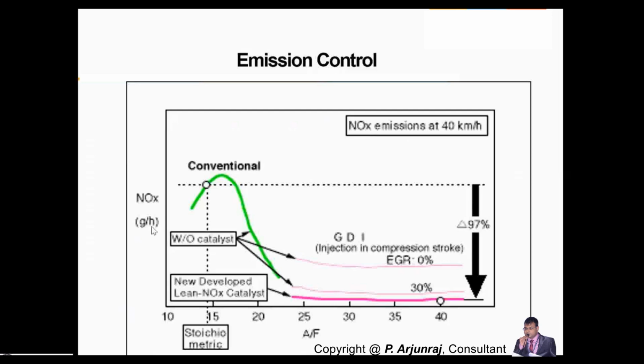Even nowadays, all this can be eliminated with the help of a three-way catalytic converter, which we have seen. With the help of the catalyst, the carbon monoxide gets converted to CO2, HC gets converted to H2O, and NOx gets converted to nitrogen. But as per the emission norms, reducing CO2 is also very important. This CO2 has an effect on the greenhouse effect and the atmosphere.